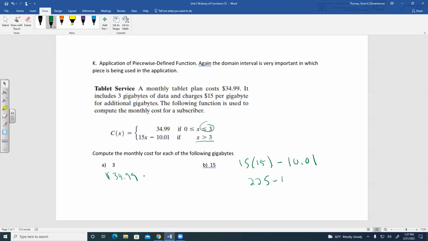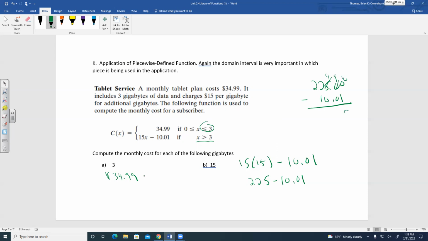And then I have to subtract 10.01. So that's going to be 225.00 minus 10.01. Well, I can't subtract there, so I have to borrow, but I can't borrow from that. That's got to turn into a 4. This has to turn into a 9, and this becomes a 10.